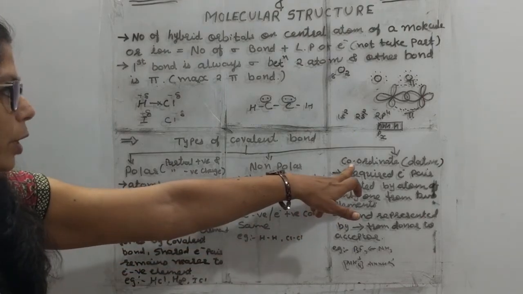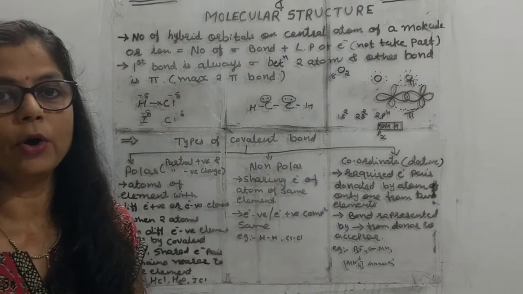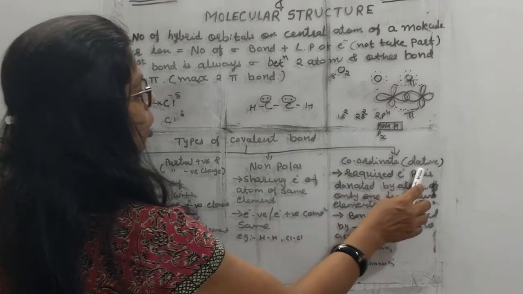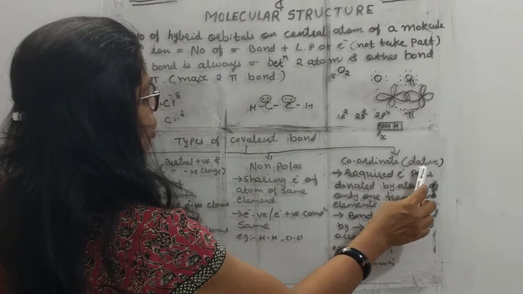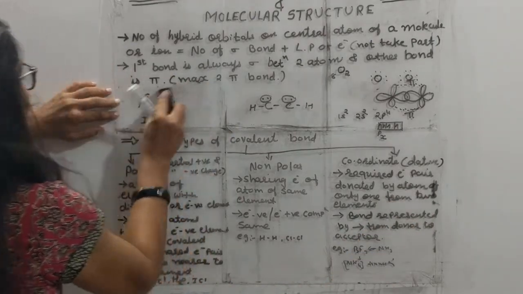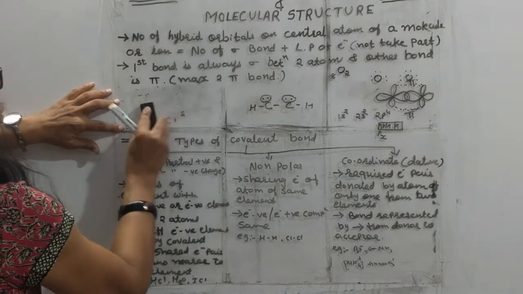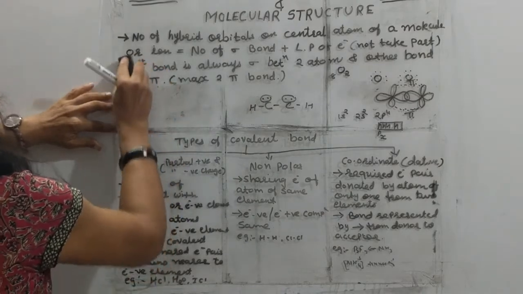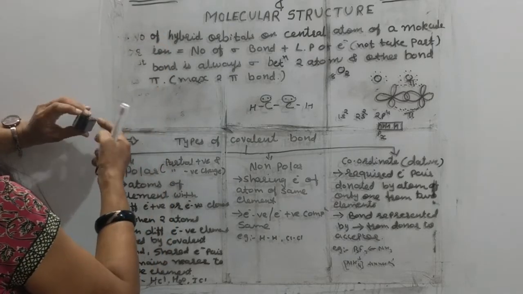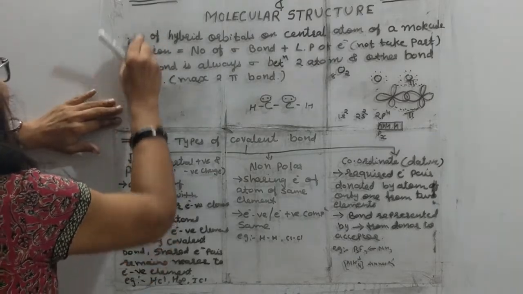And it is very important, coordinate covalent bond. Coordinate bond is also known as the dative bond, student. Now let us take an example of what a dative or coordinate bond means. Out of two, one is a little dominating. How is it dominating?